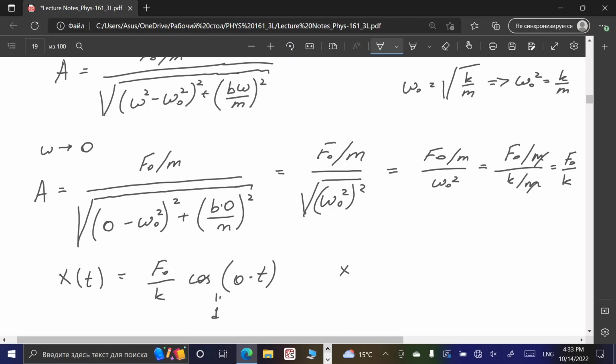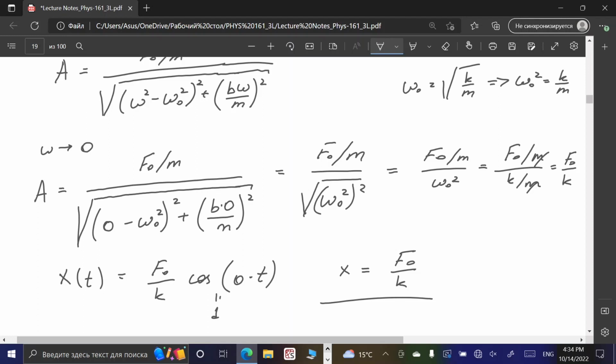So eventually we have x equal to F naught over k. And that is nothing else than when we exert some constant force on a block attached to a spring. Because of this external force exerted on the spring, it is displaced by a certain distance x, which is the displacement, and then it stays in this excited condition.